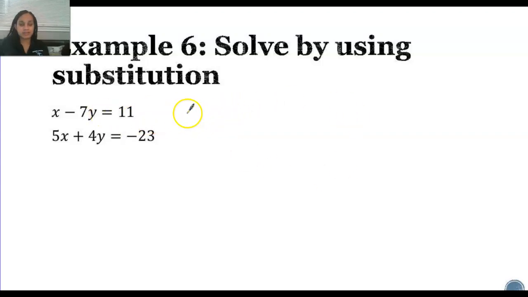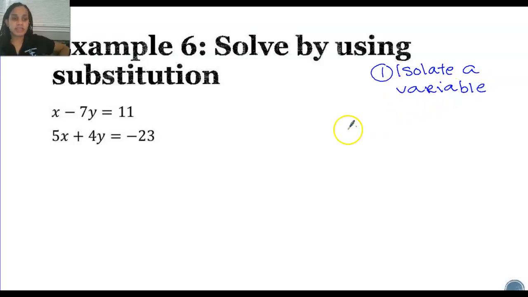When we're using substitution, it differs from elimination because what we're going to do first is isolate a variable. You can choose any variable you like.